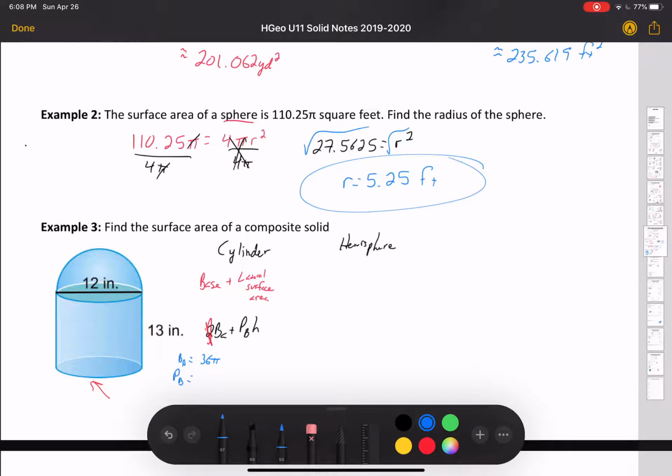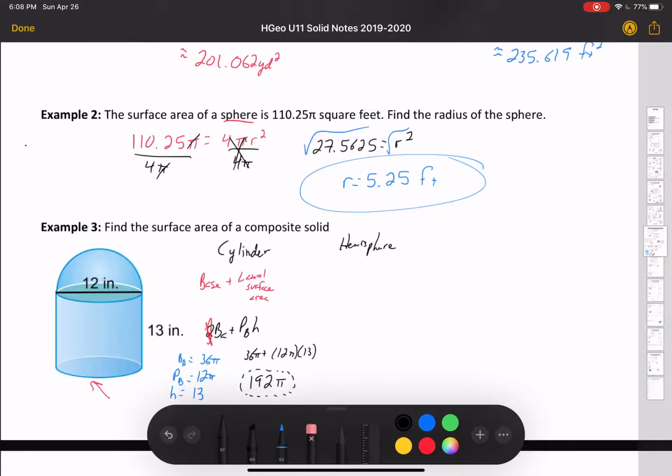Perimeter of the base is 12 pi. The height of that cylinder is 13. So if I plug that into the formula, I get 36 pi plus the perimeter of the base, 12 pi, times the height, 13. I'm going to leave this as exact for now, which means involving pi. So the cylinder part is 192 pi. This is going to be an important part.